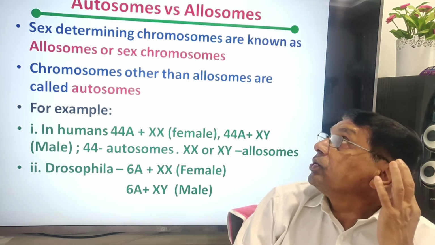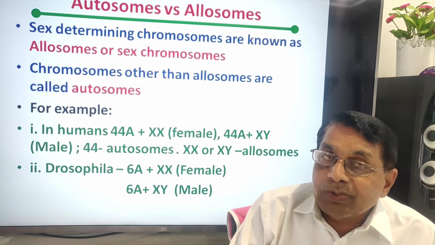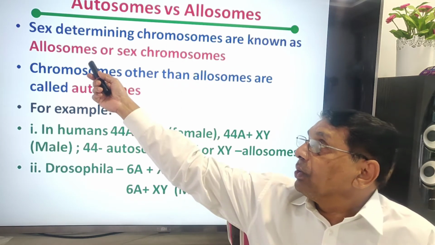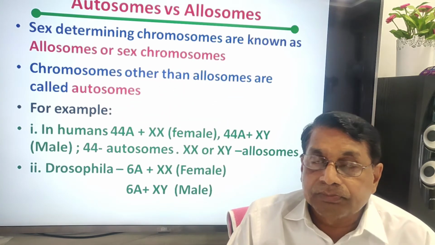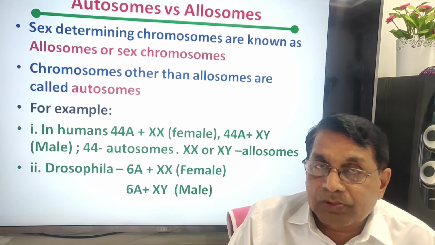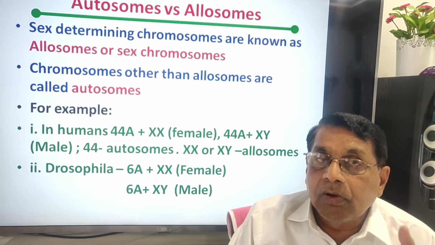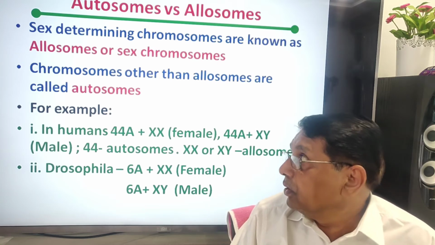Then autosomes and allosomes. The chromosomes that determine the sex of the individual are known as allosomes or sex chromosomes.